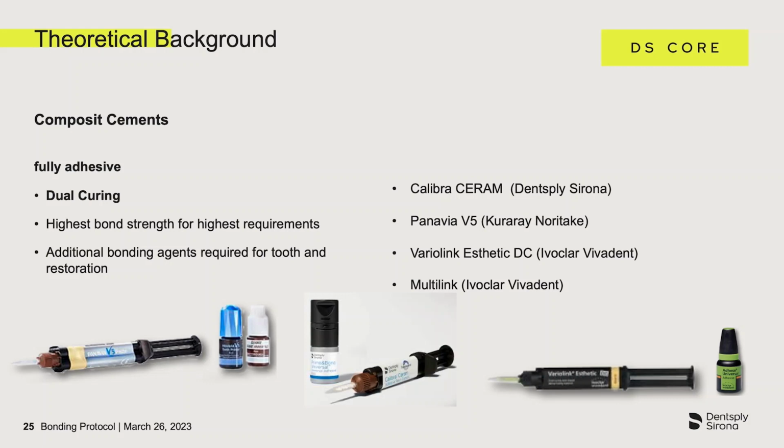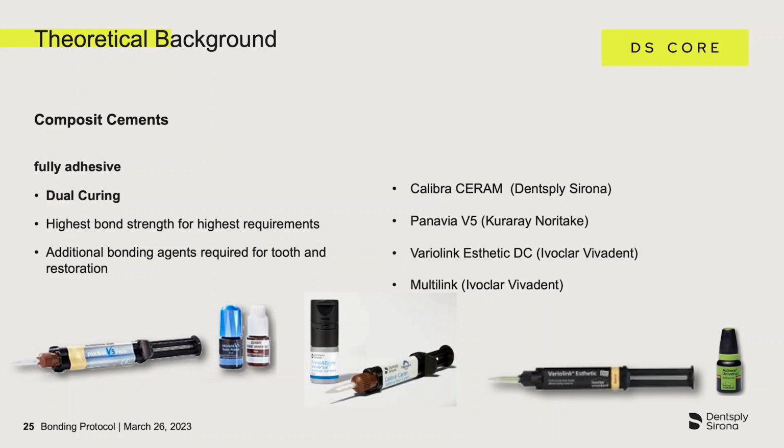With these cements, the polymerization reaction is initiated by light, but dark curing in the absence of light also takes place here. This gives us the certainty in every clinical situation that even areas that cannot be reached by a light source will still cure adequately.